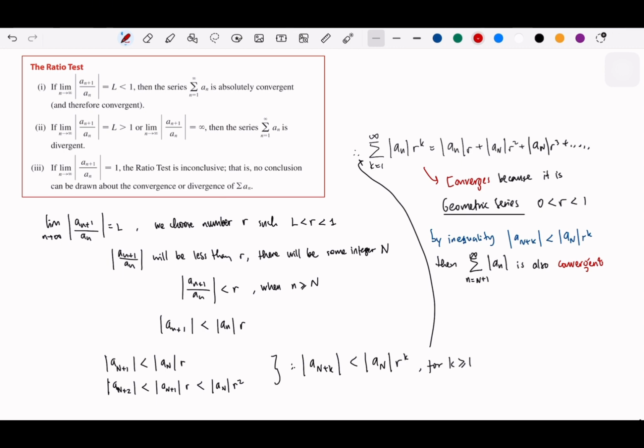And from this we build a new series, like that. Then we say that this will converge. This should be n capital, sorry.